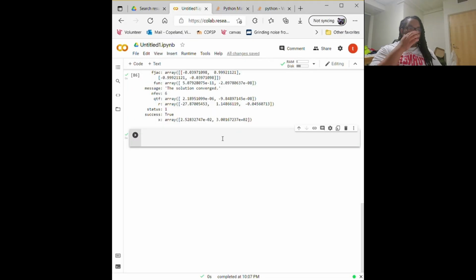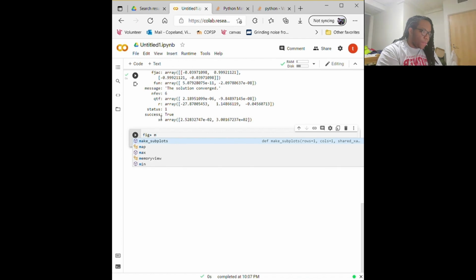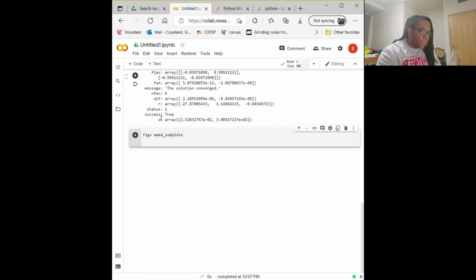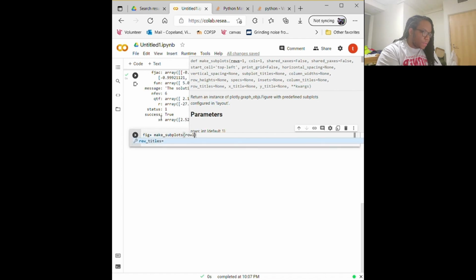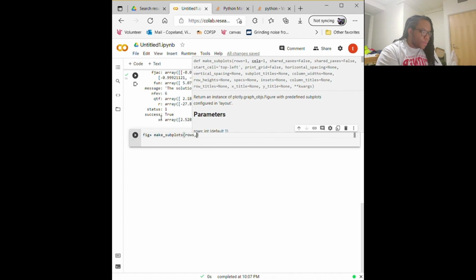All right, so for our last portion of the exam, we're going to be making our plots. So for this, we're just going to go ahead and type in fig equal to make, let's go to subplots. Rows is equal to 3.